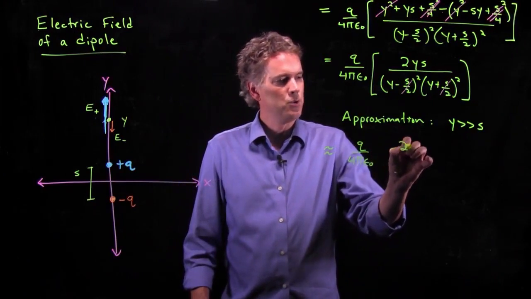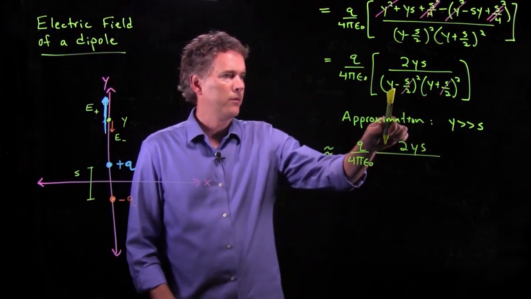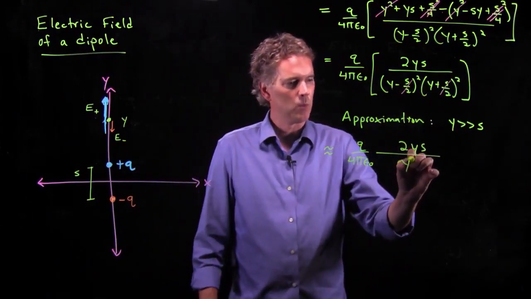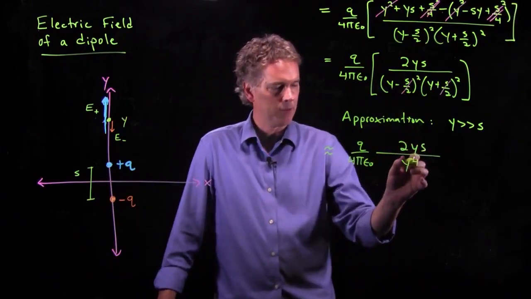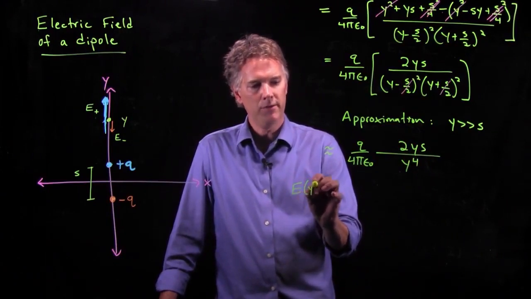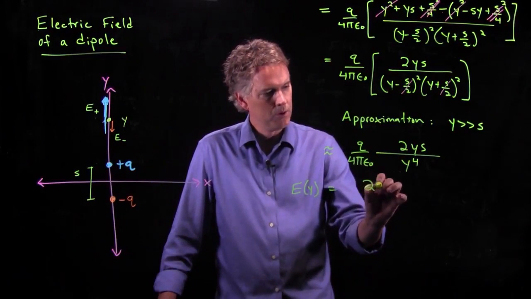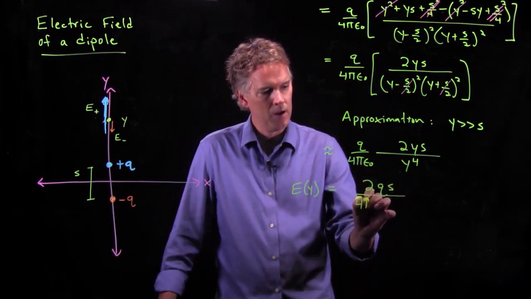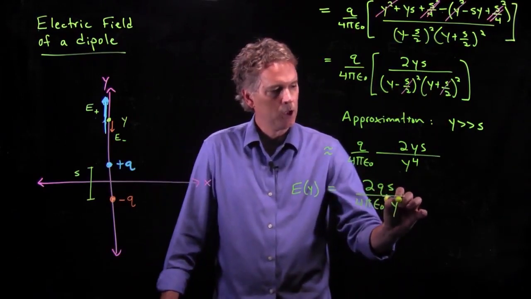And now we have 2ys divided by, we have a y squared from this one, we have a y squared from that one, that's y to the 4th. And so one of the y's up on top cancels with one of those on the bottom, and we're going to end up with the E field at y is equal to 2qs divided by 4 pi epsilon naught y cubed.